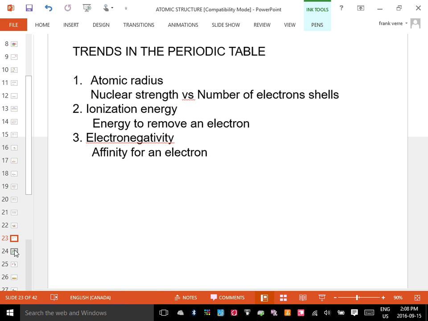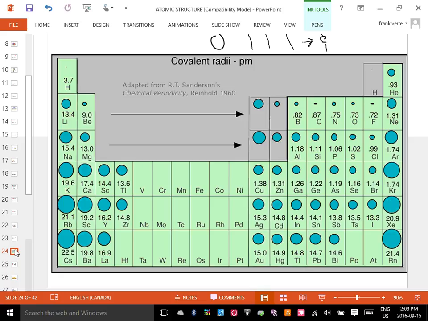So if you use that logic then, as we go to the right, the ionization energy should what? What do you think? It should increase, because as you go to the right, the electrons are moving what? Closer to the nucleus, and they should be harder to steal.